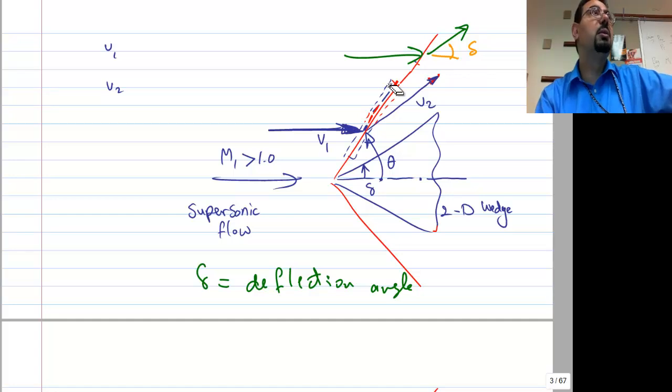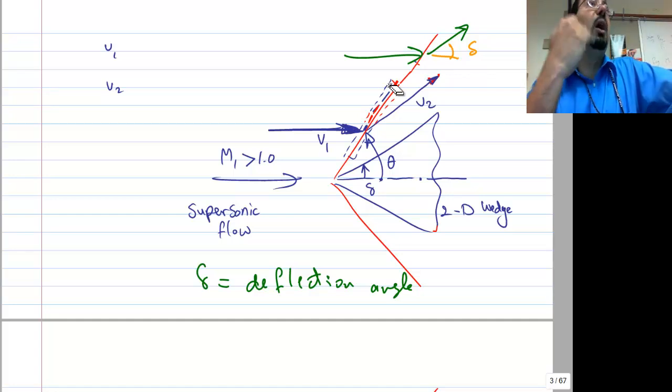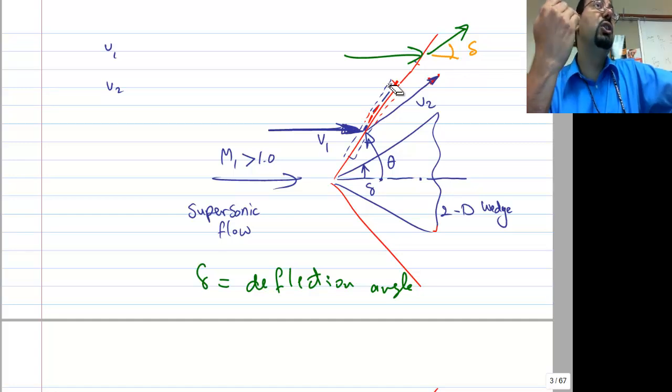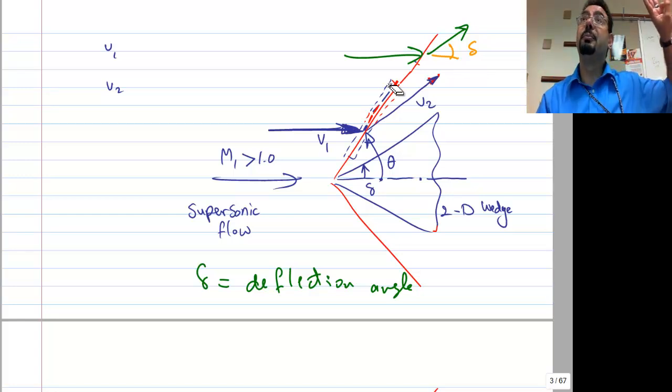So how are we going to get all this? How are we going to generate that table, or the equation that the table comes from? How are we going to get the solution? We will have to use three what? Continuity, momentum, and energy equations.